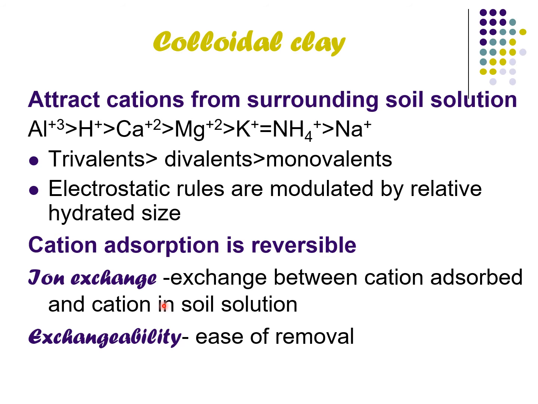The ease of removal or exchangeability of an ion is indicated by the reverse of the lyotropic series shown above. Thus, sodium ions are most readily exchanged in the series and aluminum ions the least.